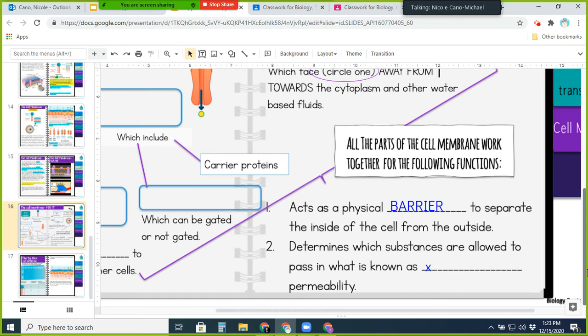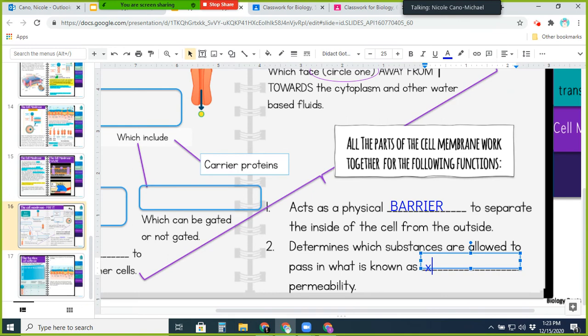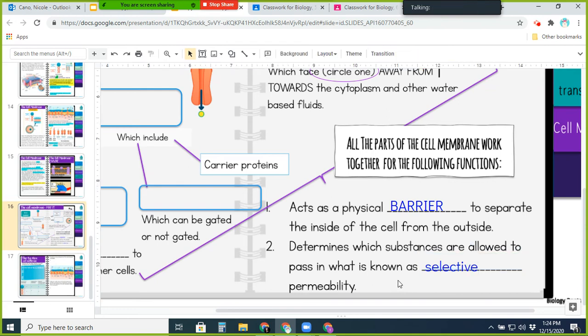Also, ladies and gentlemen, number 2, this cell membrane determines what substances are allowed to pass in what is known as selective permeability. So what does that mean?